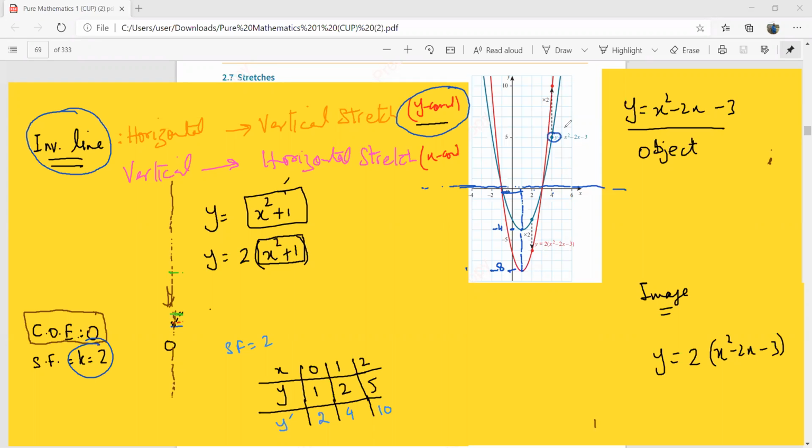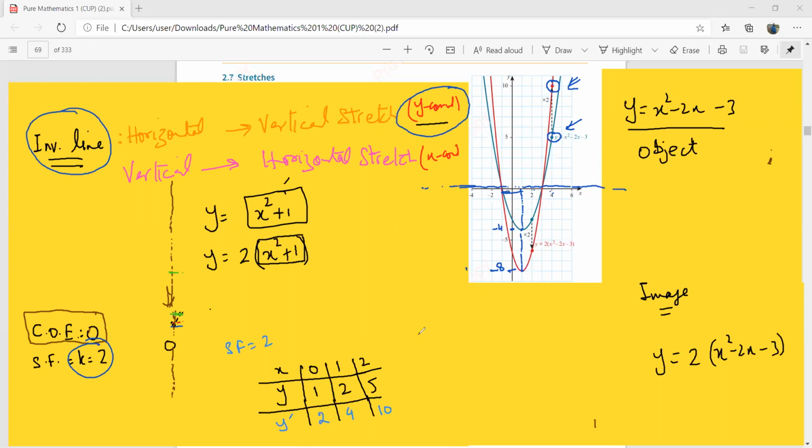Can you see this point? This point is 4, 5, and now this point is 4, 10. So the y coordinate was 5 and now it has gone on to 10.